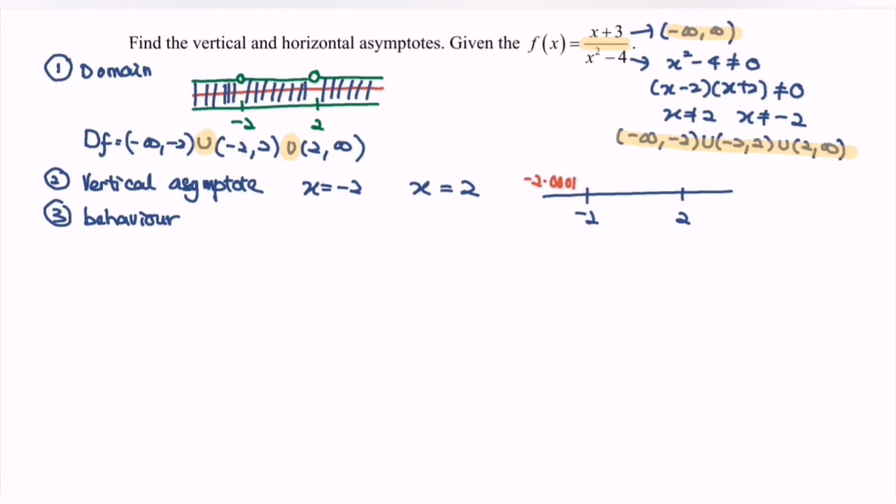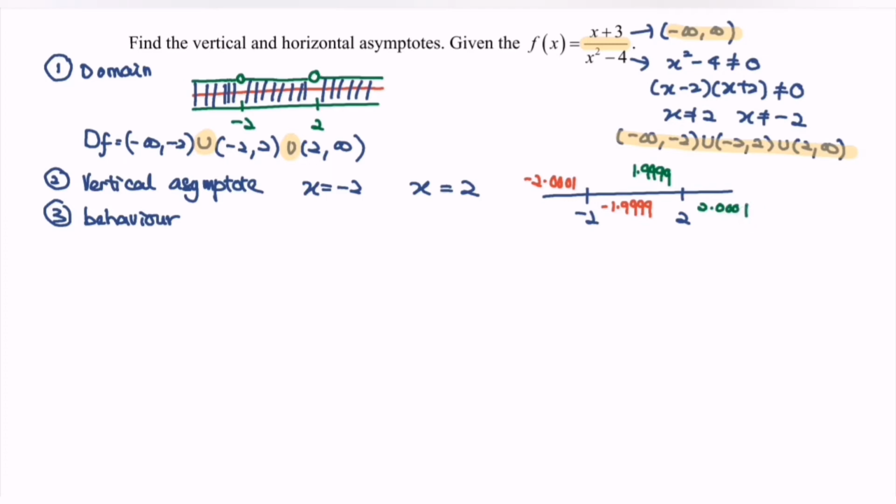As for the right, we will have negative 1.9999. As for 2 from the left, we will have 1.9999. From the right, we will have 2.0001. This will be the suggested values.